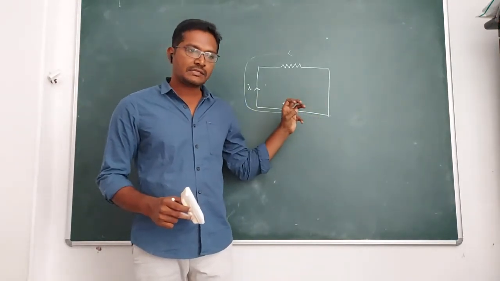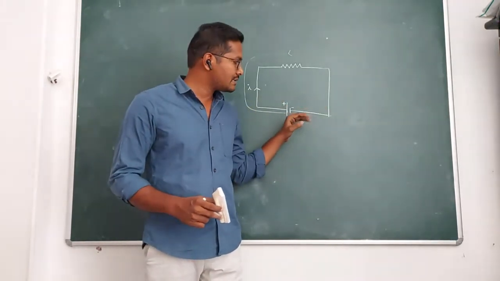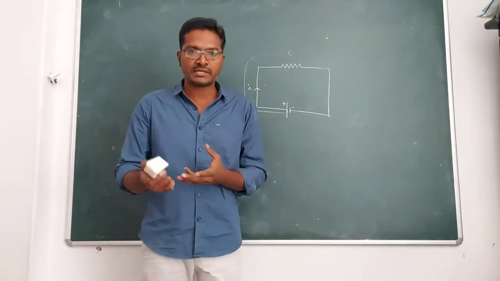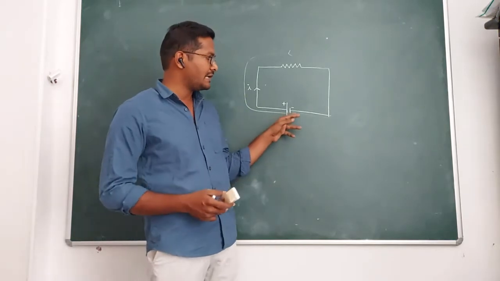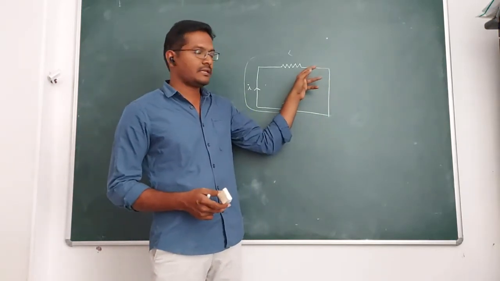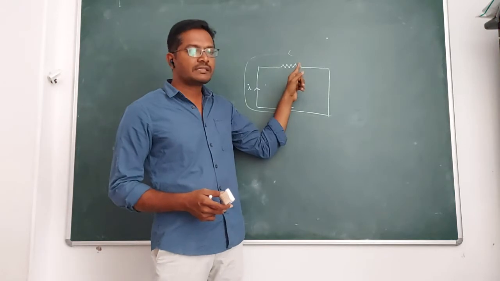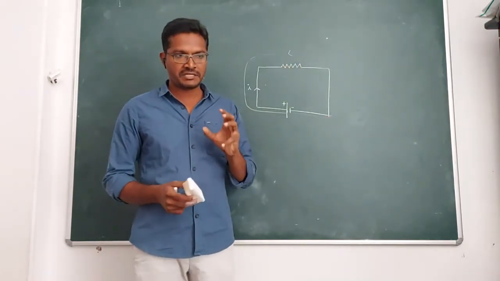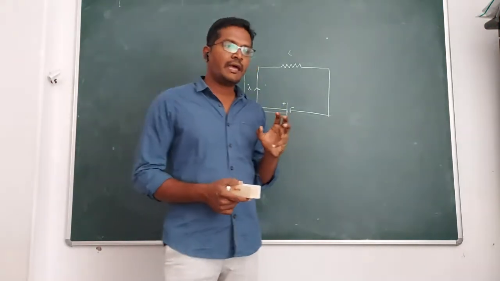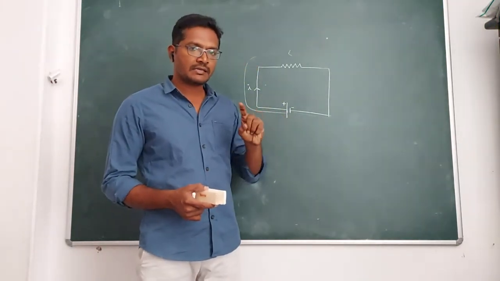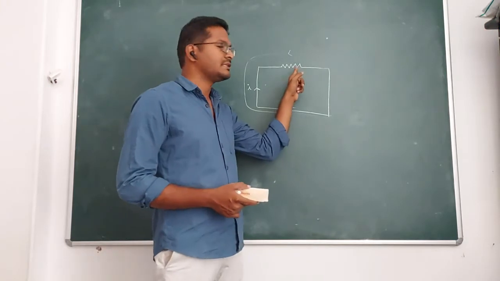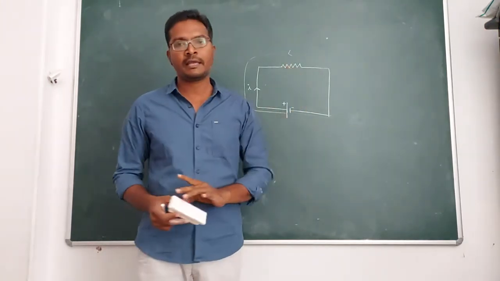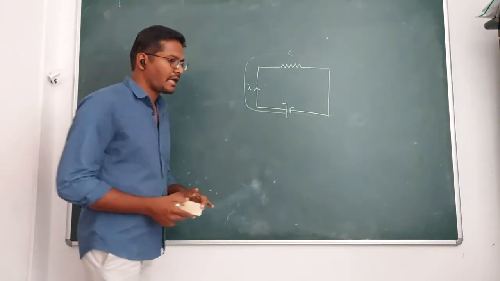By taking that energy, electrons will move inside a circuit. As the energy is supplied, there is a force applied on the electrons. That force will drive the electrons in this direction, but there is a resistance which restricts the flow of electrons. By restricting the flow of electrons, the energy of the electrons is converted to another form, which is heat or light, or it can be converted into mechanical energy. So this is what happens.